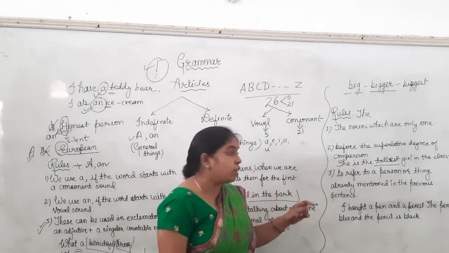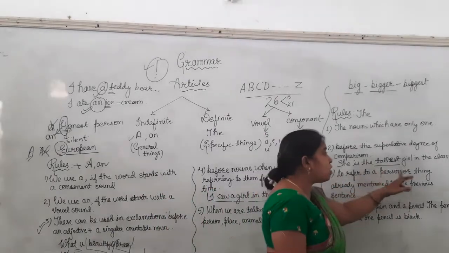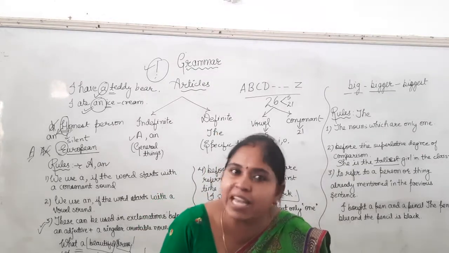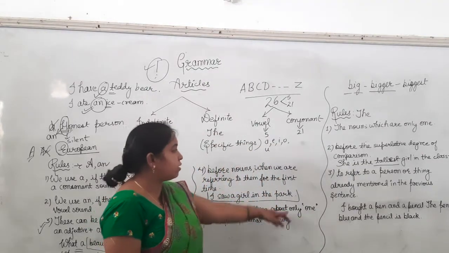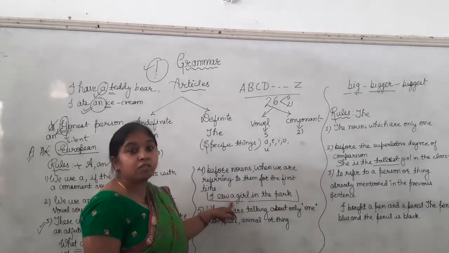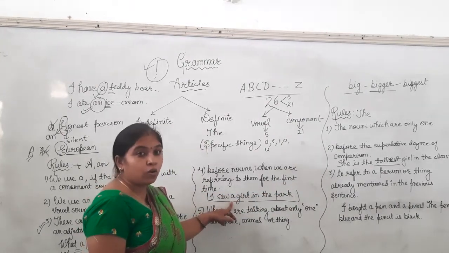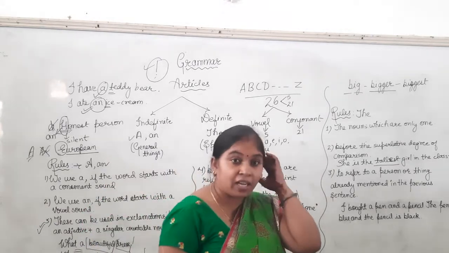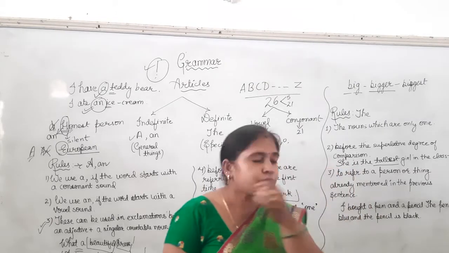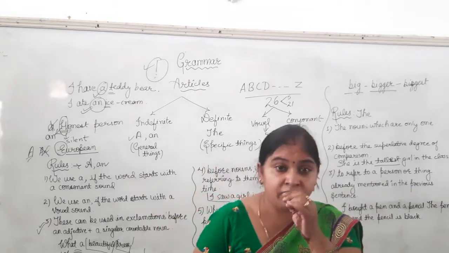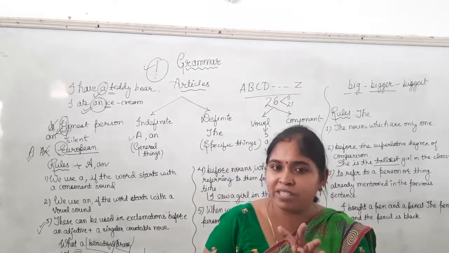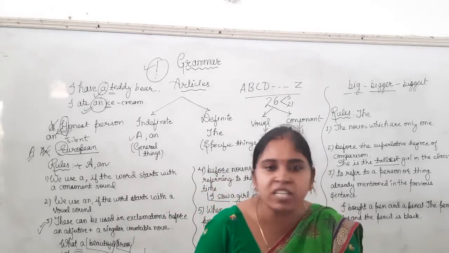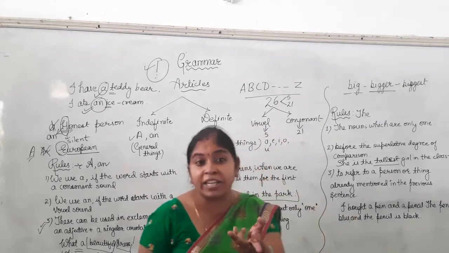Okay. Now next rule, to refer to a person or thing already mentioned in the previous sentence. This rule relates to the first one. As I already told you, when we are writing or reading a paragraph, and there is someone's name or something's name there, and we are reading or writing it for the first time, which article will come?